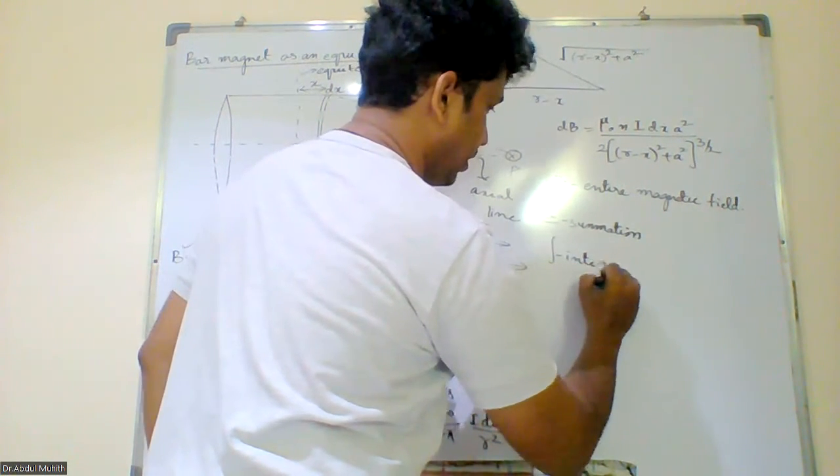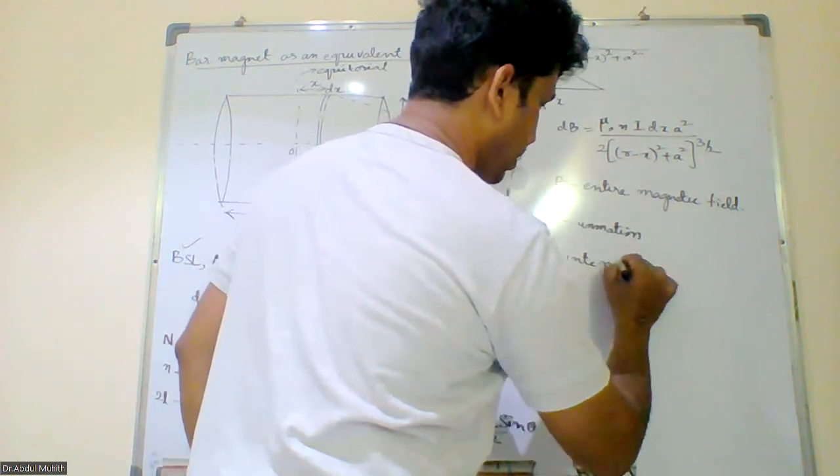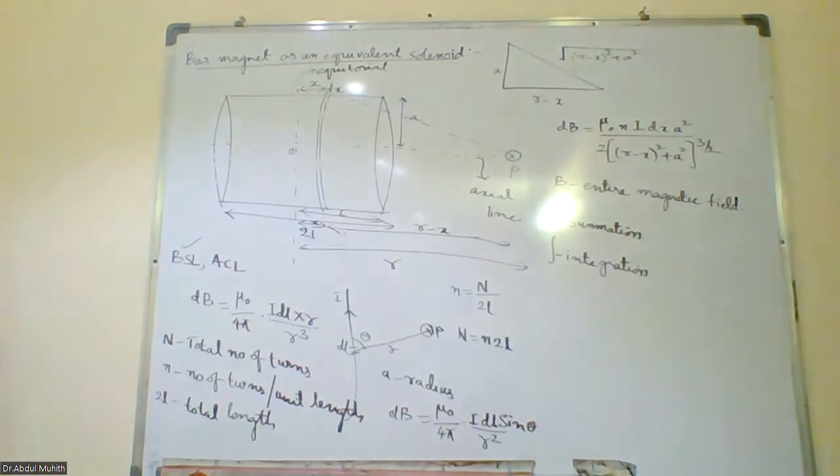What is the difference between summation and integration? Any idea? Integration is to find the area under the curve. Very good. Summation is to find the total value. Where do you use summation and where do you use integration?